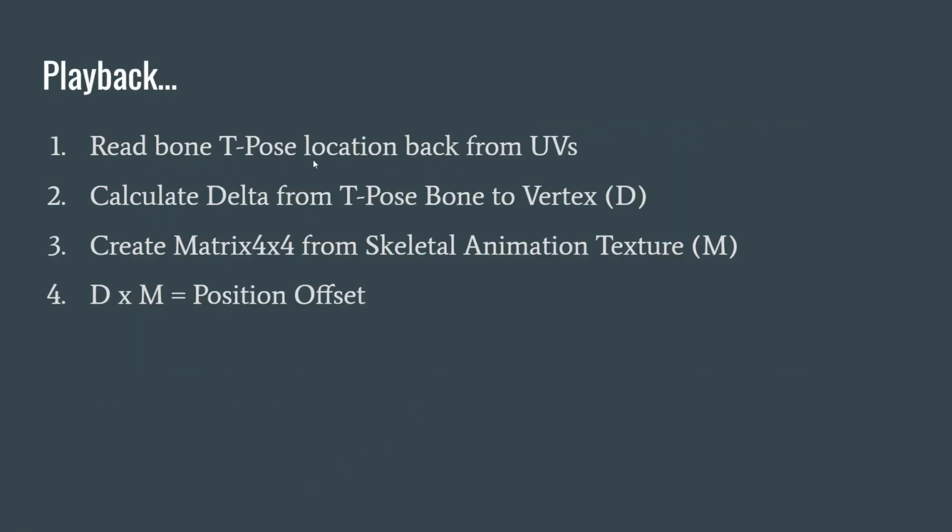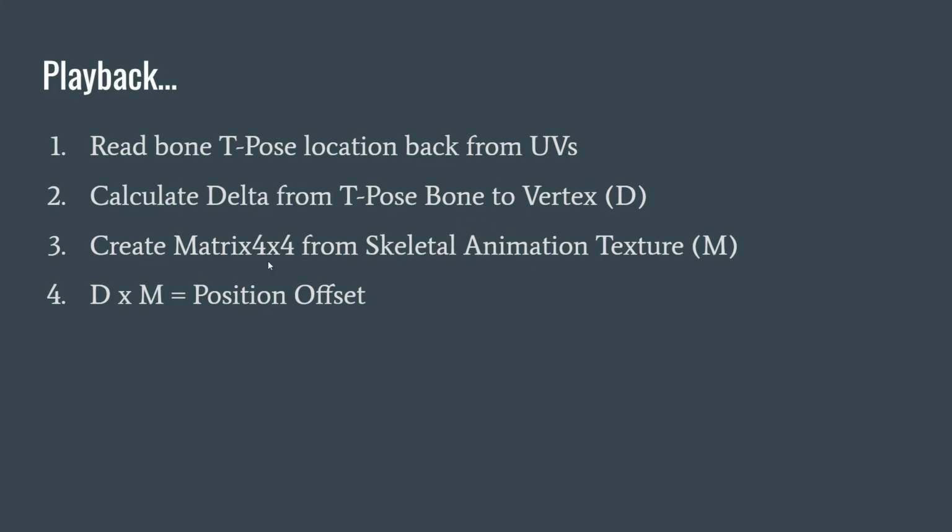This will represent the bone's T-pose location, so when it hasn't moved. We can then calculate the delta from the T-pose to the current vertex. This will just be a vector, and basically what it represents is how far offset in 3D space the vertex is from the T-pose of the bone.